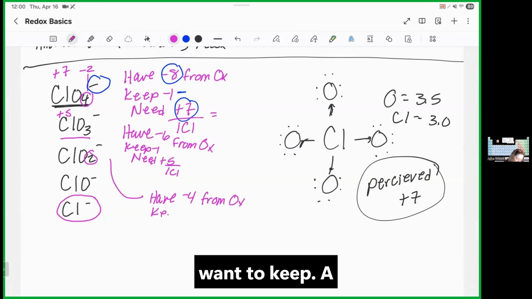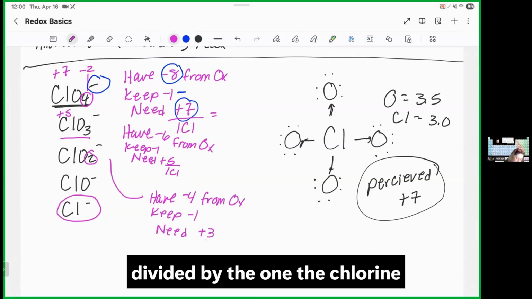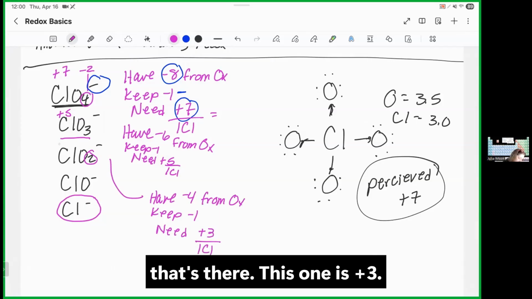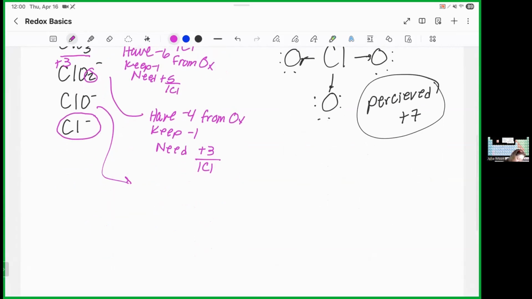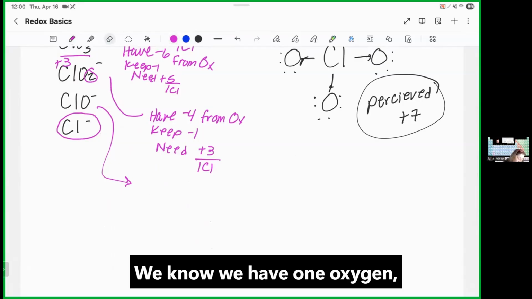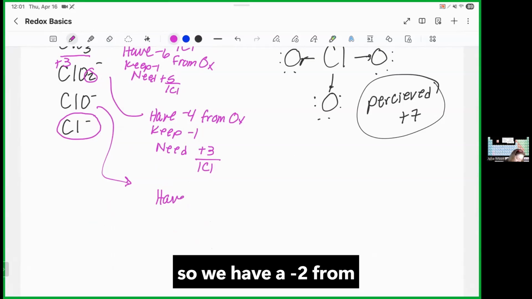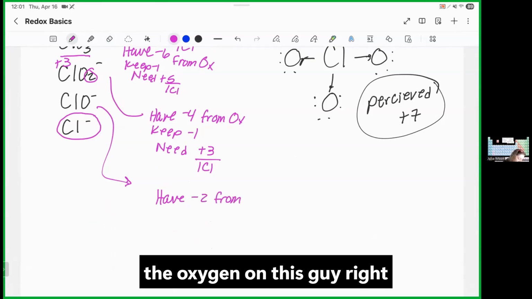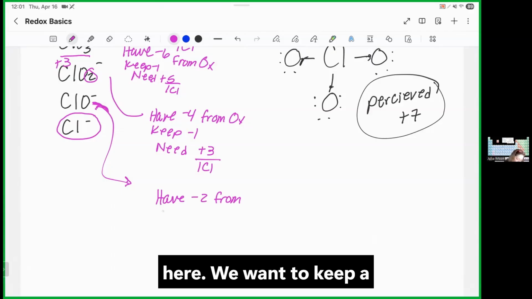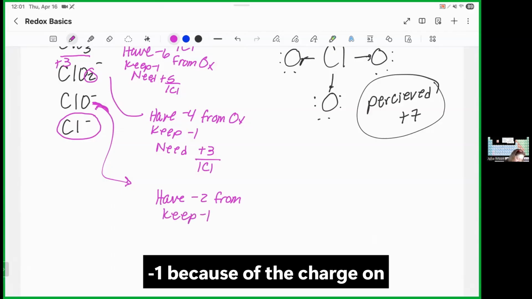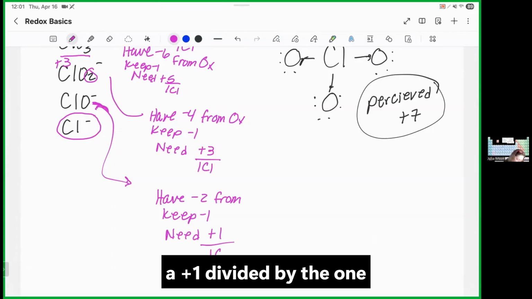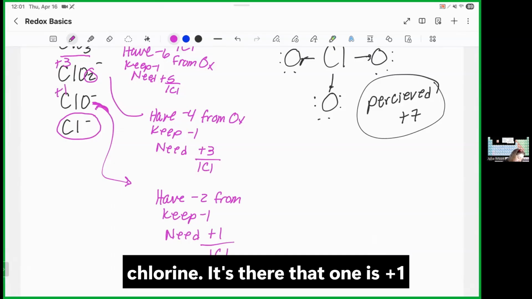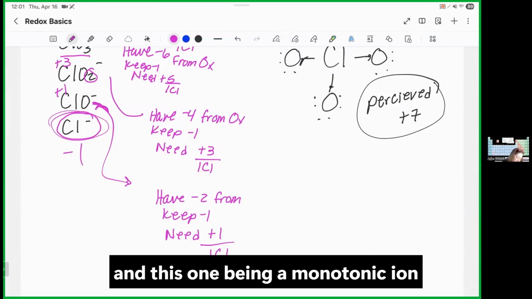We want to keep a -1, so we need a +3 divided by the 1 chlorine that's there. This one is +3. If I had the ClO, we know we have 1 oxygen, so we have a -2 from the oxygen on this guy right here. We want to keep a -1 because of the charge on the compound, so we need only a +1 divided by the 1 chlorine that's there. That one is +1. And this one, being a monoatomic ion, is -1.